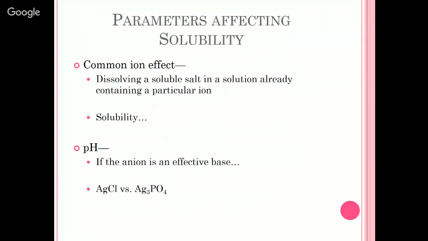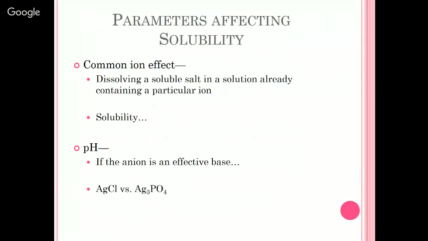Now, we can also look at what happens when we increase the pH, when we've added hydroxide ions. And that simply is just looking at then, can the cation that is present, and this is not a good example because we're using the same thing here, can the cation that is present form an insoluble precipitate with the hydroxide ion?